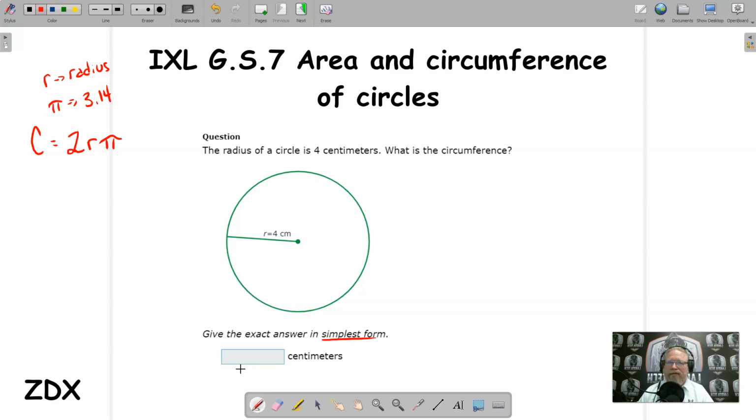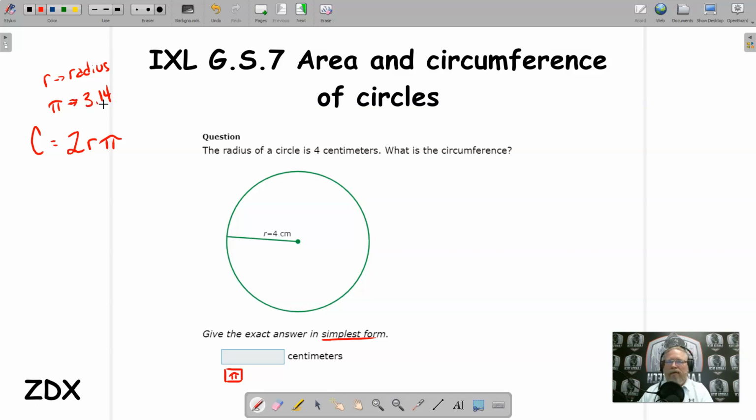So for this activity on all of these questions, there is a button underneath each of the answers that has the pi symbol. So you can put all of your answers in terms of pi, by clicking on that button for the value of pi. So we're not actually going to be using the 3.14, and actually pi is an irrational number.